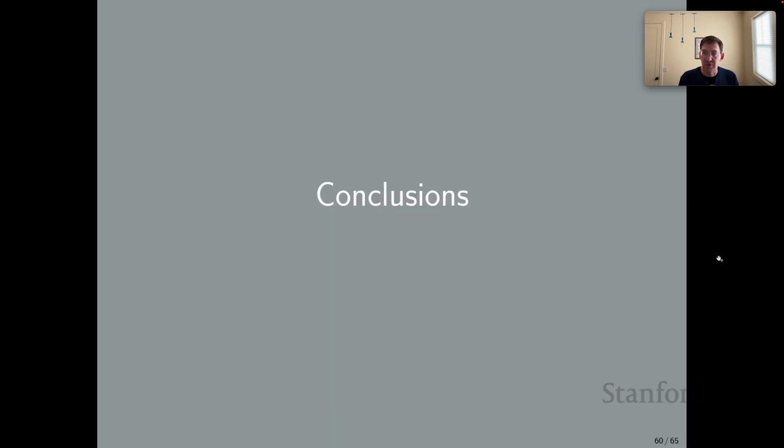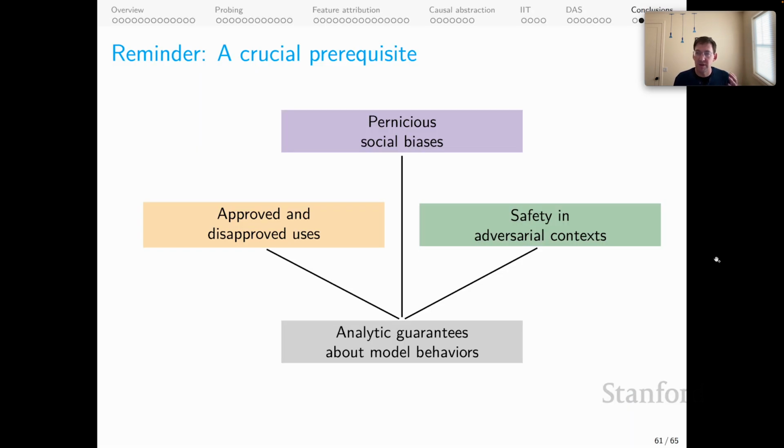All right, let me turn now to wrapping up, just some high-level conclusions here. First, I wanted to return to this diagram that I used to motivate analysis methods in general. We have these incredibly important goals for the field, identifying approved and disapproved uses, identifying and correcting pernicious social biases, and guaranteeing models as safe in certain contexts.